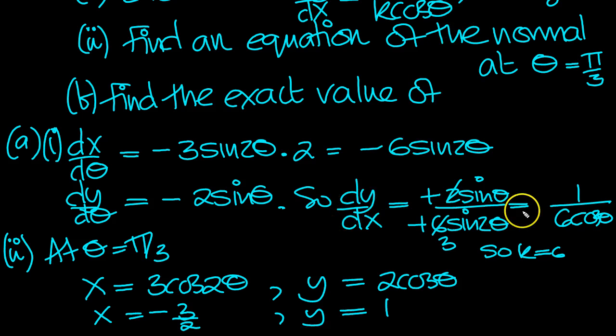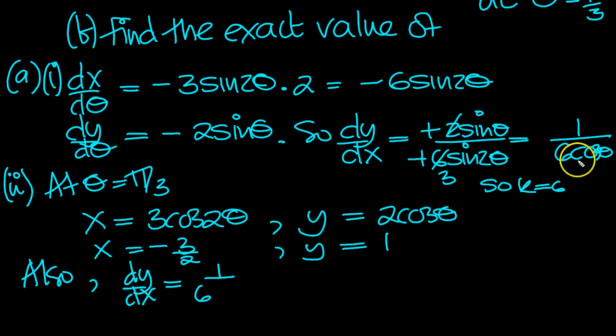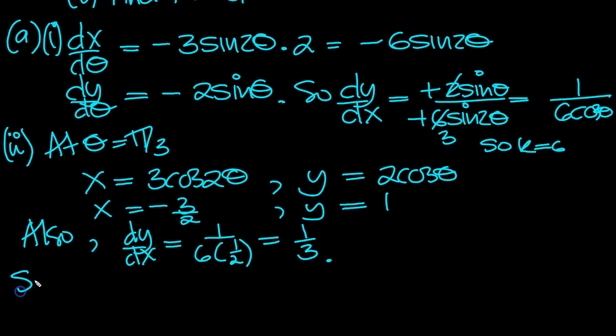Now we know the gradient, dy dx. The gradient at theta equals pi over 3 is equal to 1 over 6 times cosine of 60, which is a half. 6 times a half is 3, so that's a third. So that's the gradient of the tangent. So equation of the normal then?